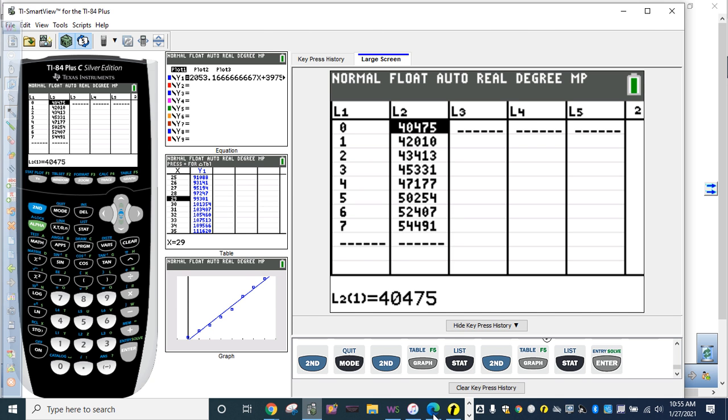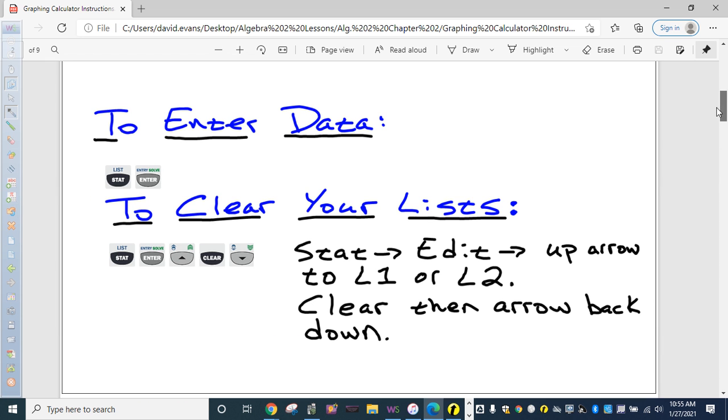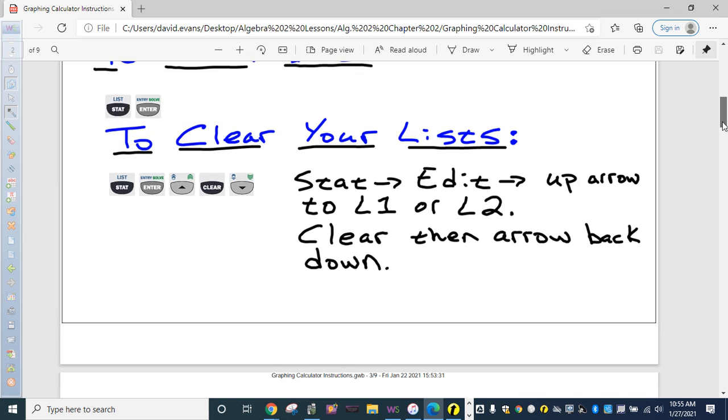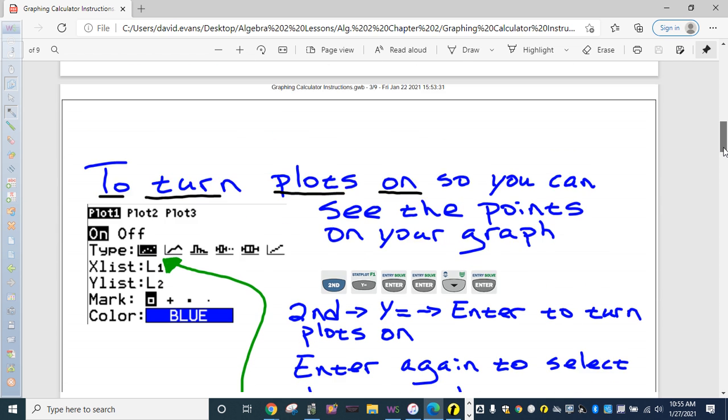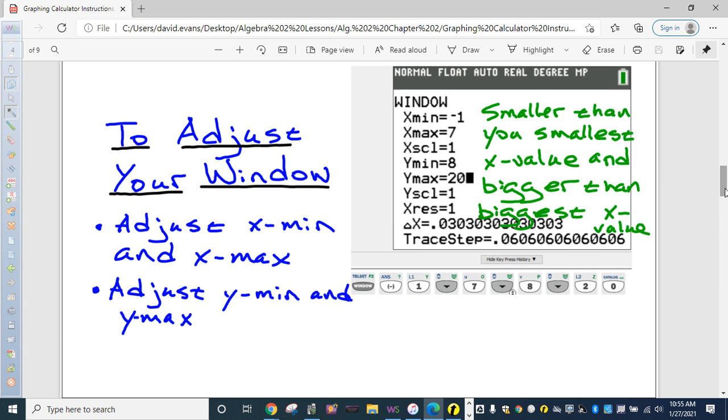If you open up your little graphing calculator instruction thing, we're at the to enter data. If you need to clear your list, that's how you clear your list as well. And next, your plot should already be on. We need to adjust our window, okay? So if you follow through these calculator instructions, it'll kind of lead you through how to do these problems.